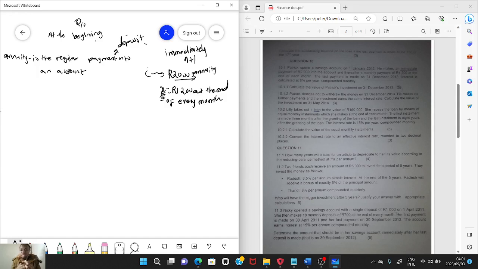It becomes an annuity due. I hope you understand this, right? So now listen, we don't add one because it's a once-off. The only payment that was made immediately was the 2000 once-off payment. Only if the monthly payment was made at the beginning, we were going to say, okay, it's an annuity due. You see?